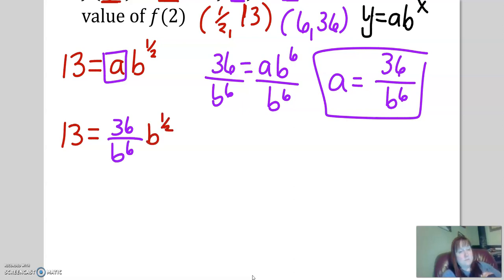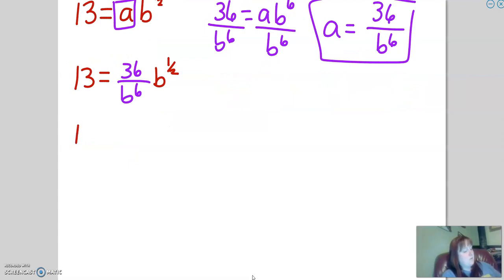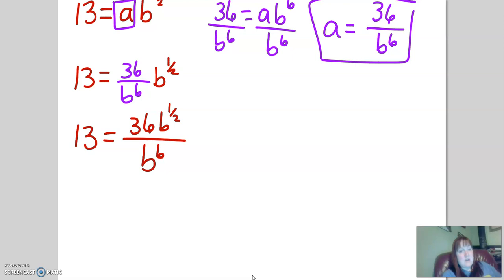b to the 1/2. Okay, now this feels super challenging because it's like, oh my gosh, what does b to the 1/2 mean? Well, it just means square root of b, but we could just do it as b to the 1/2, right? And we think about, well, what are our exponent rules? If we have the same base in top and bottom, we can subtract the exponents.